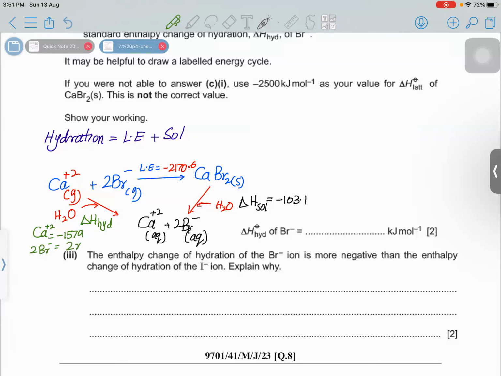So 2x is required. Are you getting my point or not? Yes, sir. So the formula is hydration is equal to lattice energy plus solution.